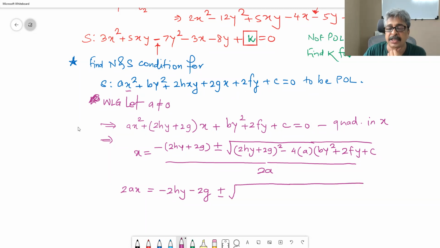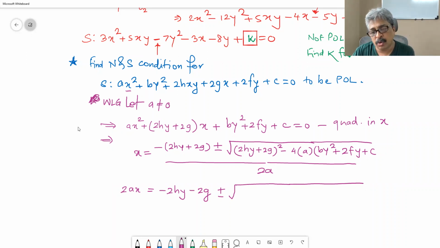Unless and until we decide about this big quantity, essentially if it has to get factorized into two linear factors, this expression inside the radical sign should be well behaved. What do we mean by well behaved? It should be a perfect square or it should be 0, and we cannot afford it to be negative, because then it is going to be imaginary. Maybe that is what was happening in the first case when I made this 7 a little different.